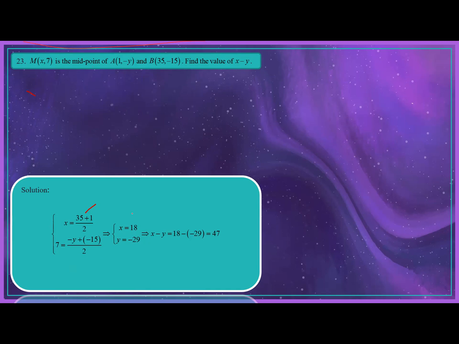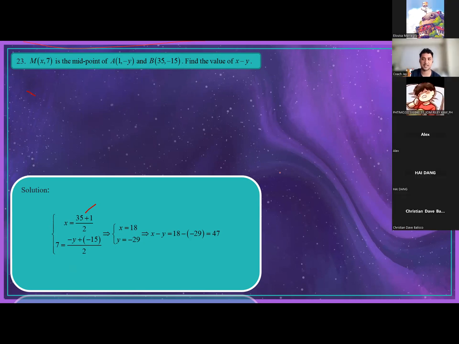Solving for x and y, x equals 18 and y equals negative 29. So x minus y would then be 47. Next, I guess everyone got this.